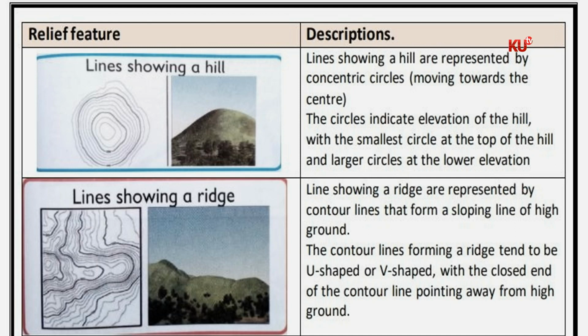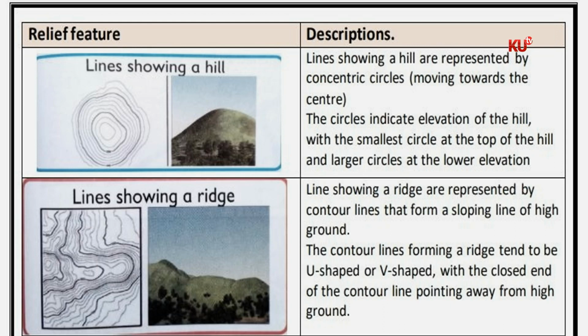As you can see on the screen, on a topographical map, lines showing a hill are represented using concentric circles moving towards the center.